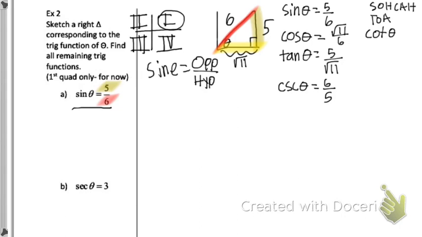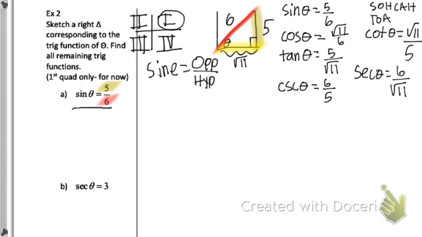Since tangent of theta equals 5 over square root of 11, cotangent of theta will equal square root of 11 over 5. And then secant of theta will be the reciprocal of cosine of theta, which is 6 over square root of 11. So that's how you do the first example.